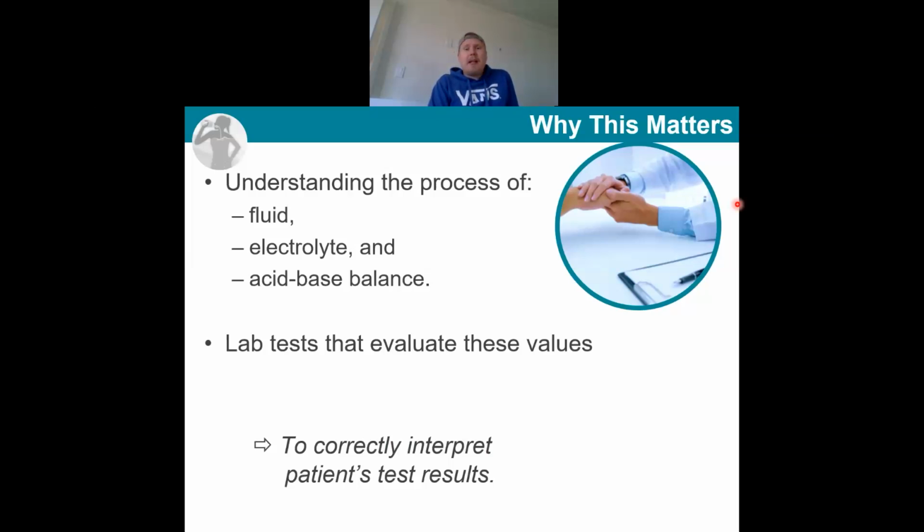We do need to understand the basics of the fluids, electrolytes, and acid-base balance so we can read these lab tests and understand what's not normal. So we need to first understand the normal so we can pick out what's abnormal. And in this week's critical thinking assignment, you actually get to do that. You get to pick out a lot of abnormal information from the case studies. So we want to know the normal first.